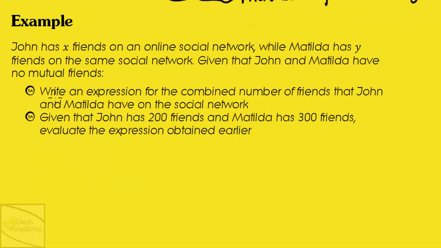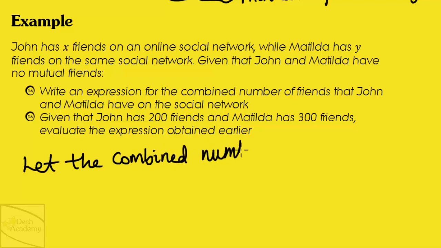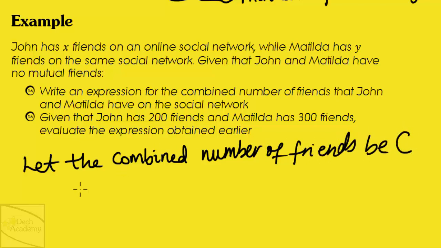So we can proceed to write an expression for the combined number of friends that John and Matilda have on the social network. So I'm going to say let the combined number of friends be, I'm going to call this big C. Now, combined number of friends is the number of John's friends plus the number of Matilda's friends.